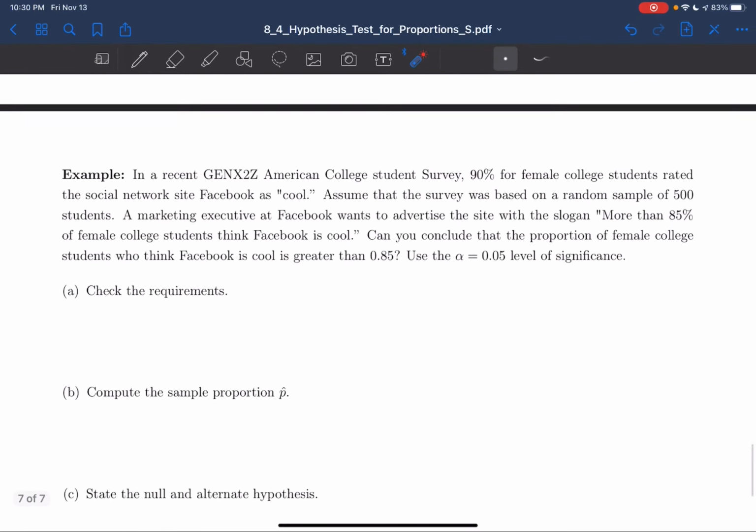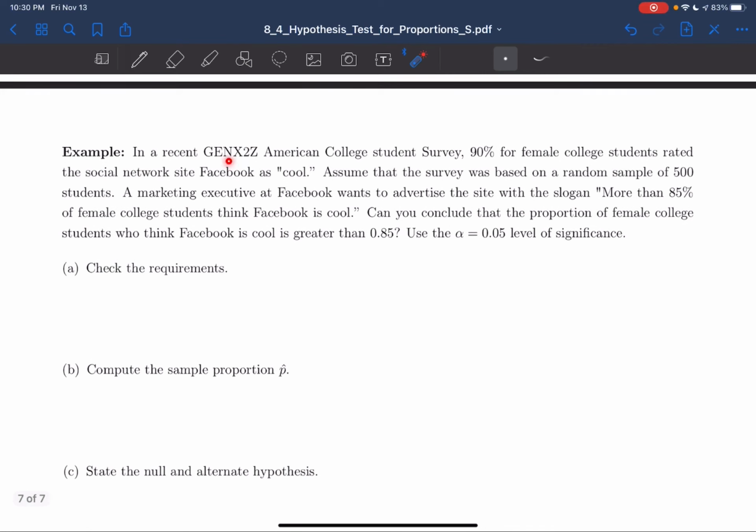So here, in a recent Gen X2Z American College Student Survey, 90% of female college students rated the social network site Facebook as cool. Assume that the survey was based on a random sample of 500 students.